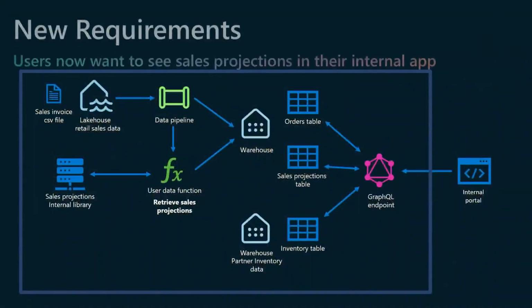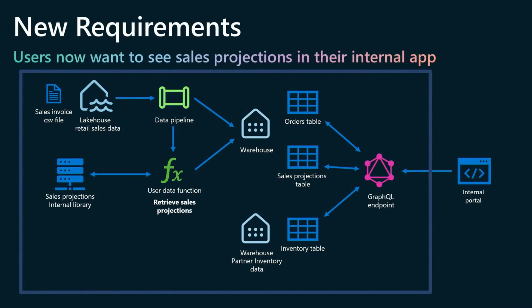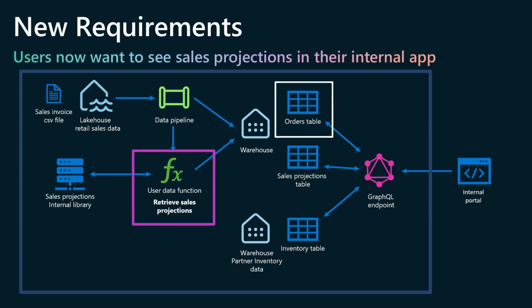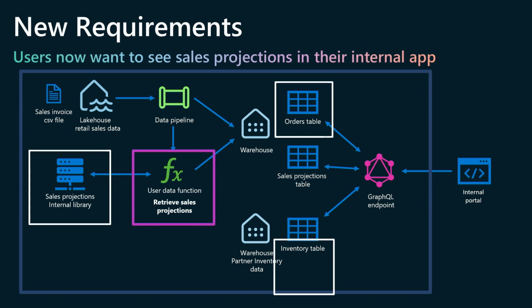All right. So here is the updated architecture for our application. As I mentioned, we're going to use user data functions in Fabric to read the data from our orders table, from our warehouse, and feed that to our internal sales projections library, which will calculate the revenue projections for the rest of the year.